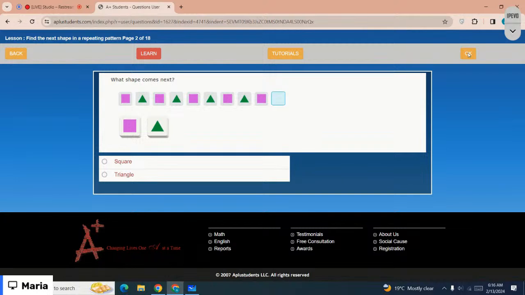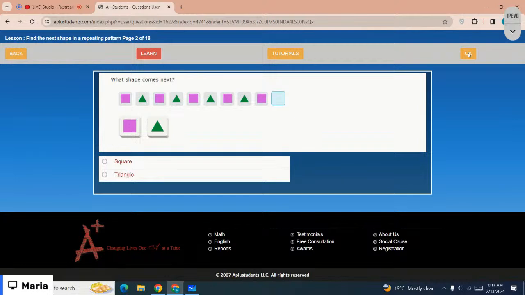Which shape comes next? Which is the correct option? Square, triangle, then square, then triangle.